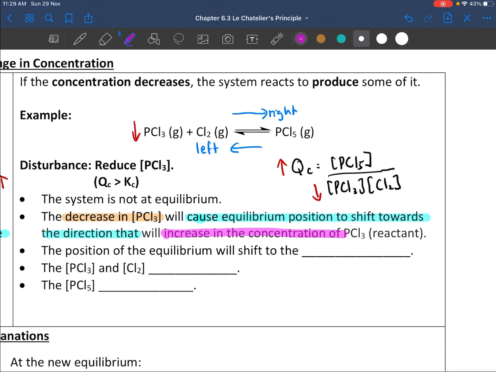So the position of the equilibrium will shift to the, nak tingkatkan PCl3, kena shift to the left. Okay, so the answer is shift to the left. And as a result, bila kita shift to the left, the concentration of PCl3 dan Cl2 makin bertambah, increases, and the concentration of PCl5 akan jadi makin berkurang, decreases.